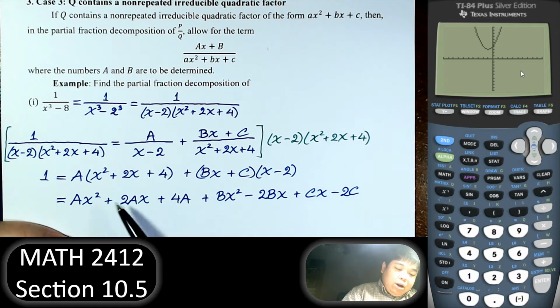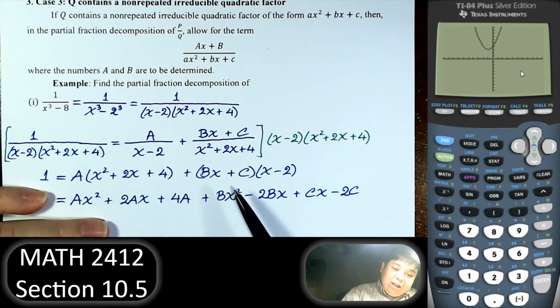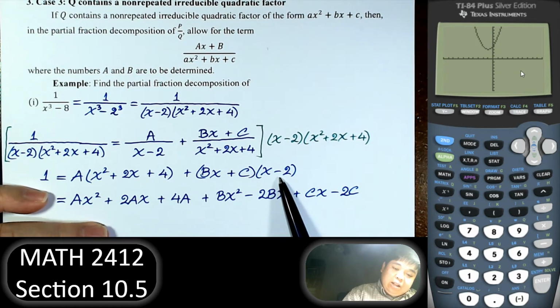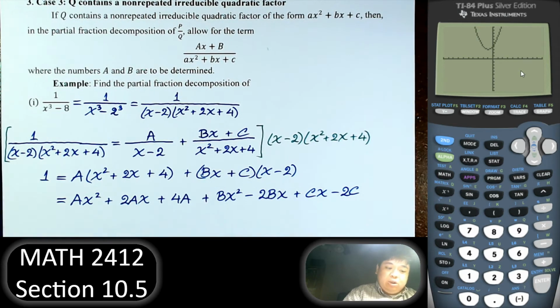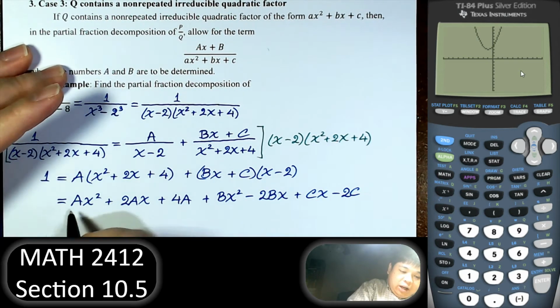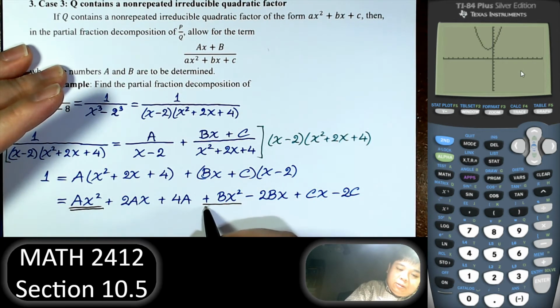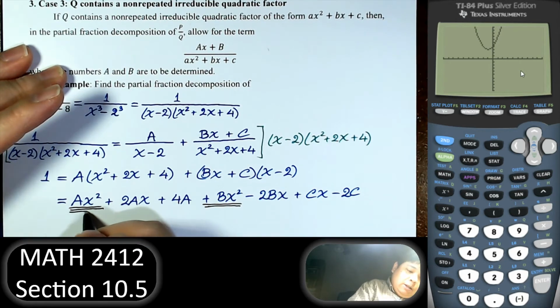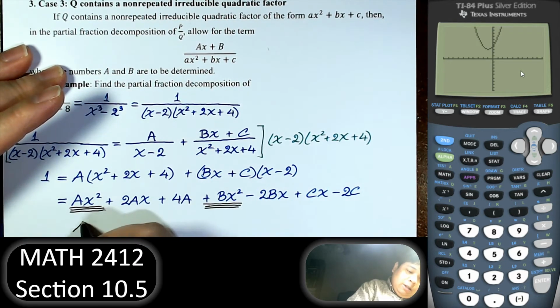All right. Ax squared plus 2ax plus 4a, bx squared minus 2bx plus cx minus 2c. Right. Combine like terms. The x squared terms: a plus b.